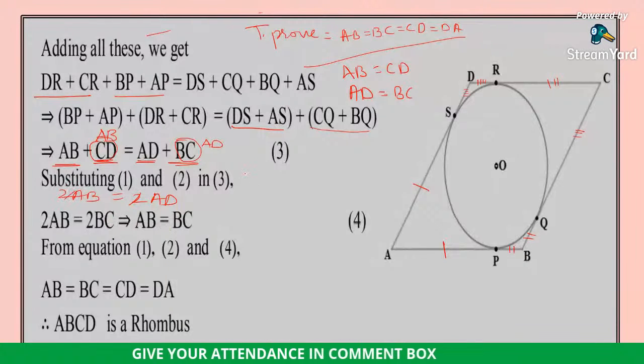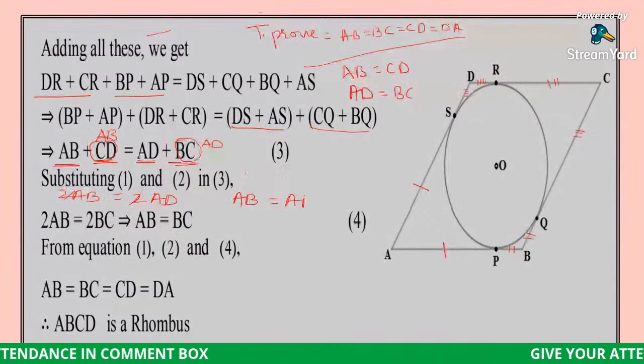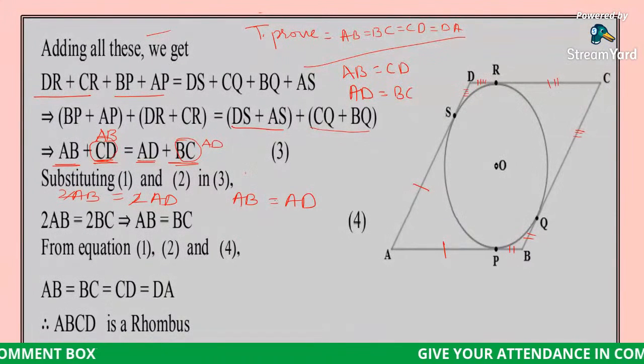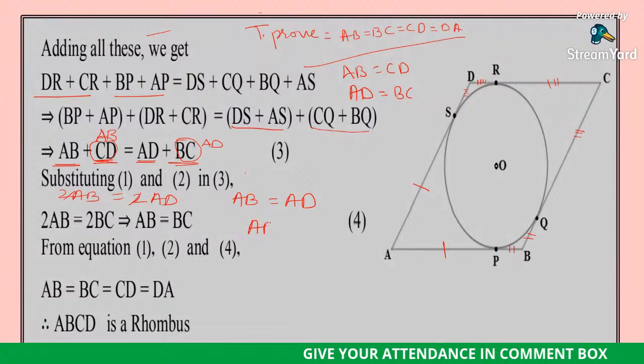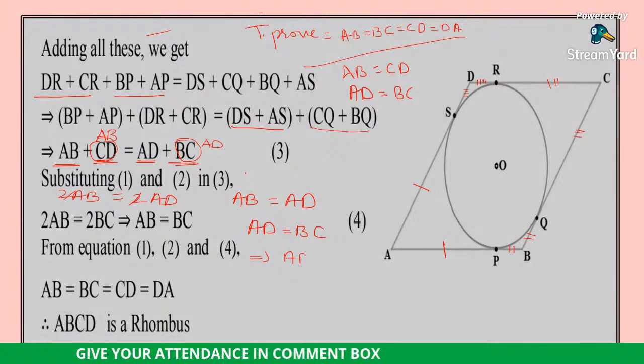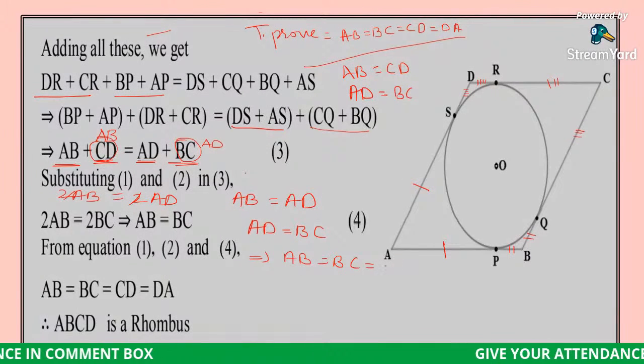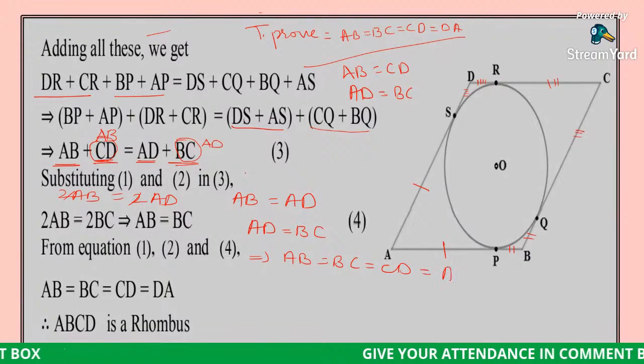You will get AB is equal to AD, and we already know AD is equal to BC. This implies we can write AB is equal to BC is equal to CD is equal to AD.